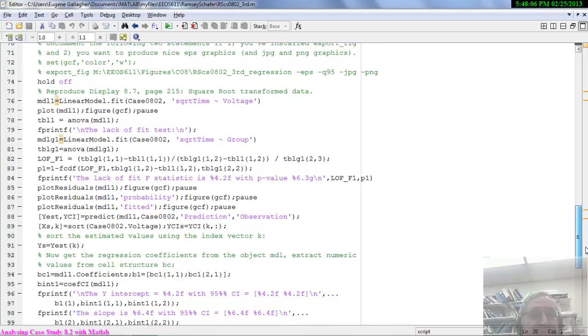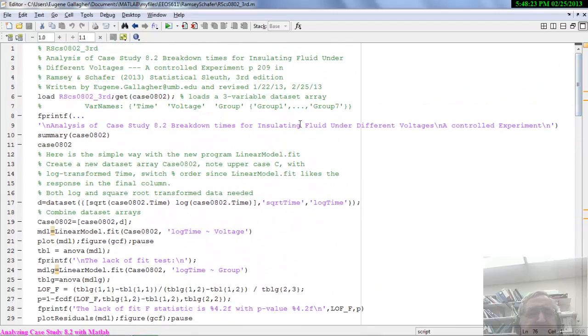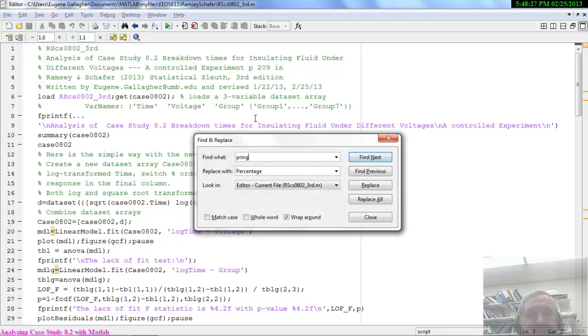And then here is the fitting the square root voltage, case study 802. I created a new dataset array with the square root of the breakdown time, fit that model, and then plotted it. I mentioned that there were too many significant figures, so let me just find that. That's an sprintf statement, a C programming convention that's used to label graphs.